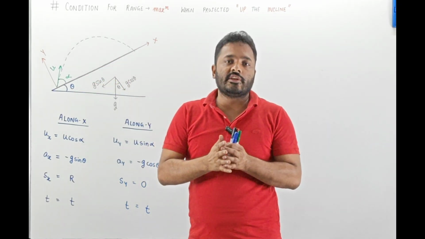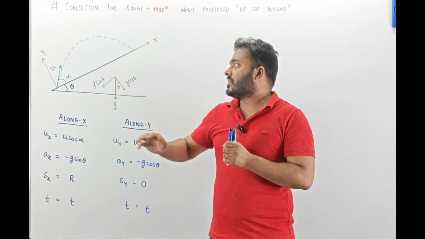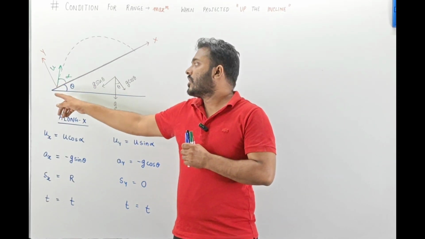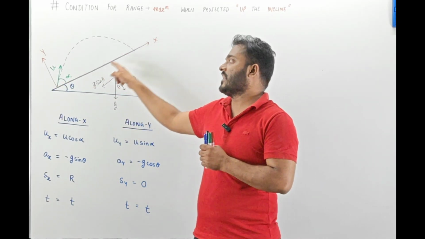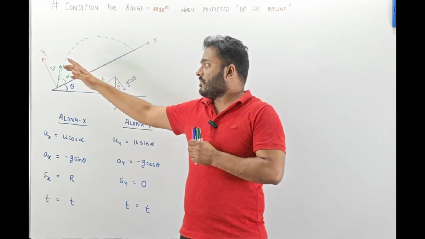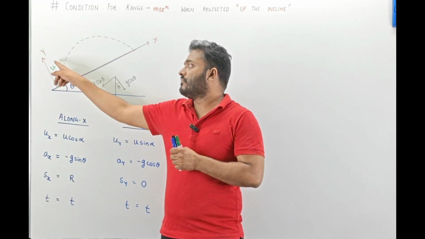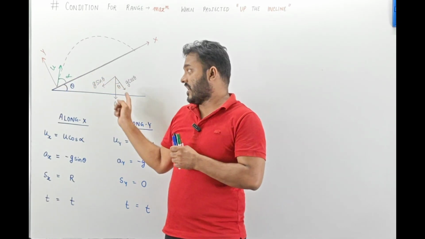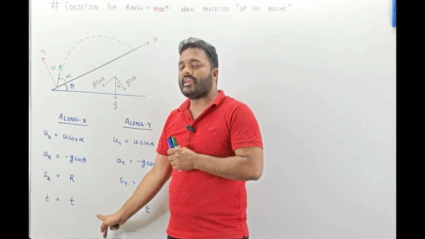So if we are projecting up the incline, we are considering the point of projection as origin, and correspondingly we have an x-axis and y-axis. And if we break the component of velocity and acceleration due to gravity along x and y, then we get something like this.